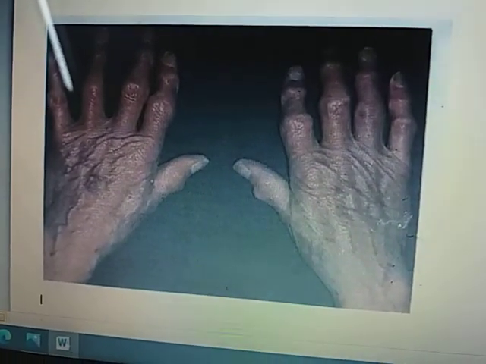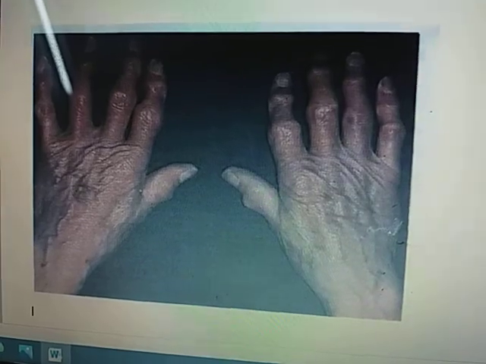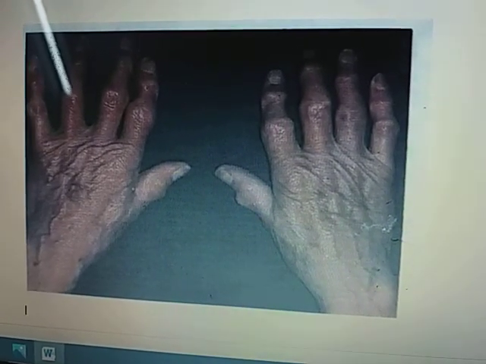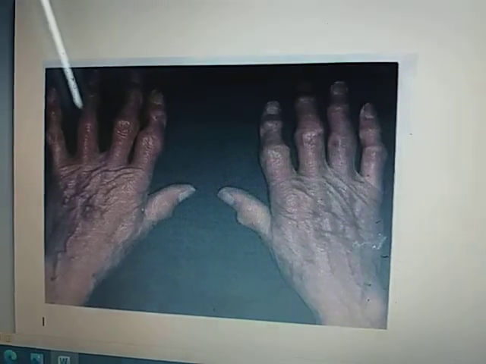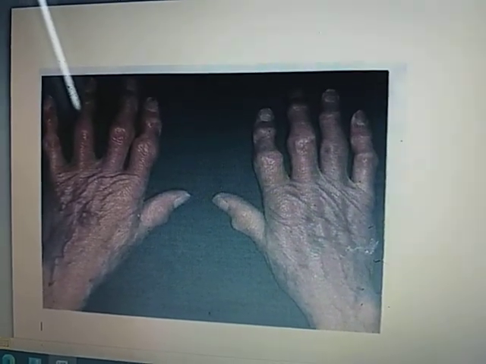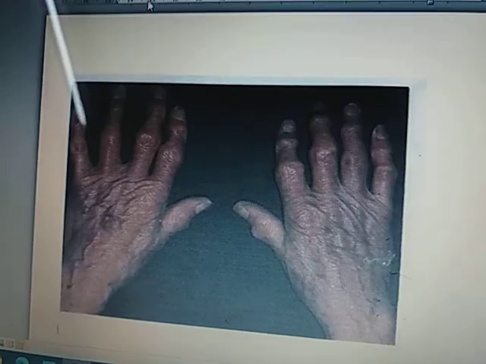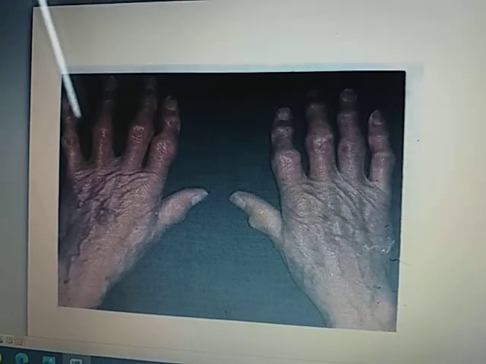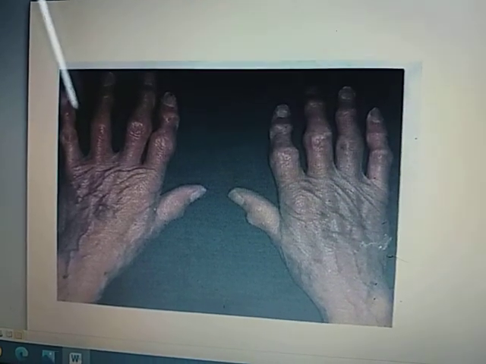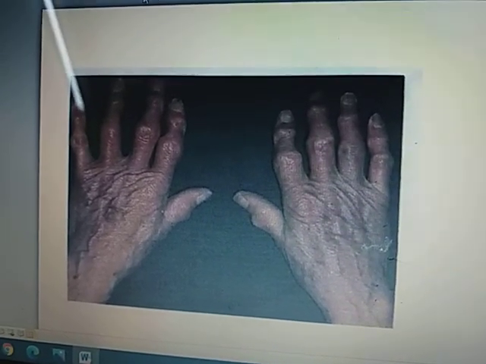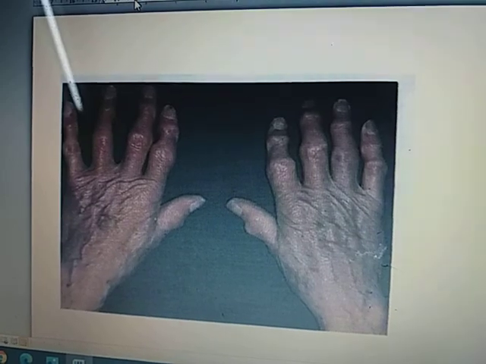Picture of the hand showing what is called nodal osteoarthritis. Heberden's nodes at the distal interphalangeal, Bouchard's in the proximal, and adduction of the thumb due to OA at the base of the thumb at the first carpometacarpal joints.